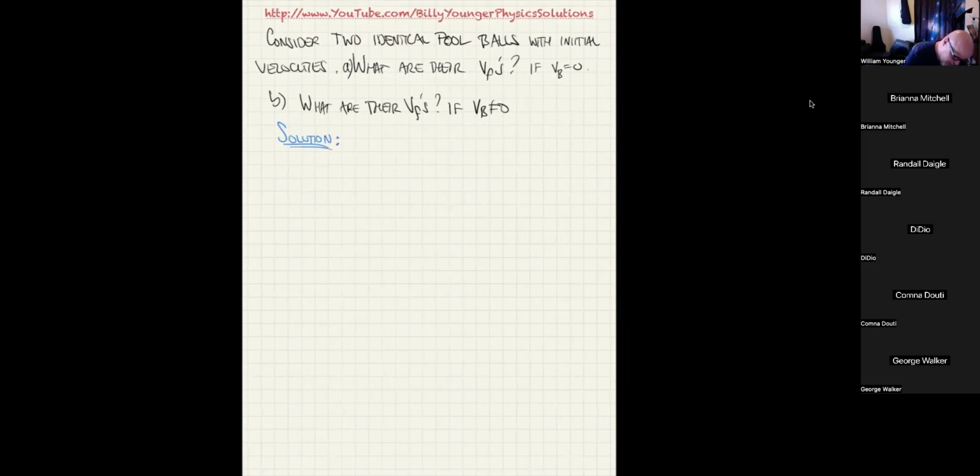We can say that the net force on the pool ball should be about 0. That means we're sort of ignoring the potential spin and stuff like that.